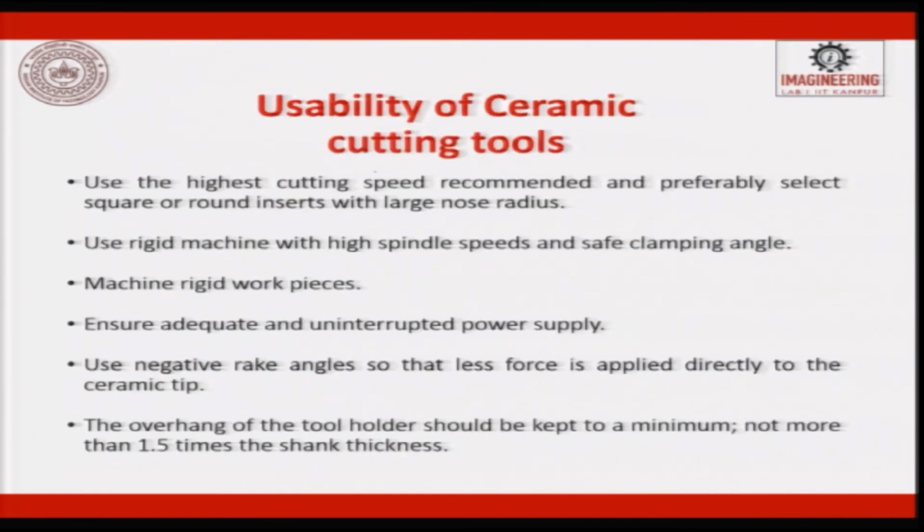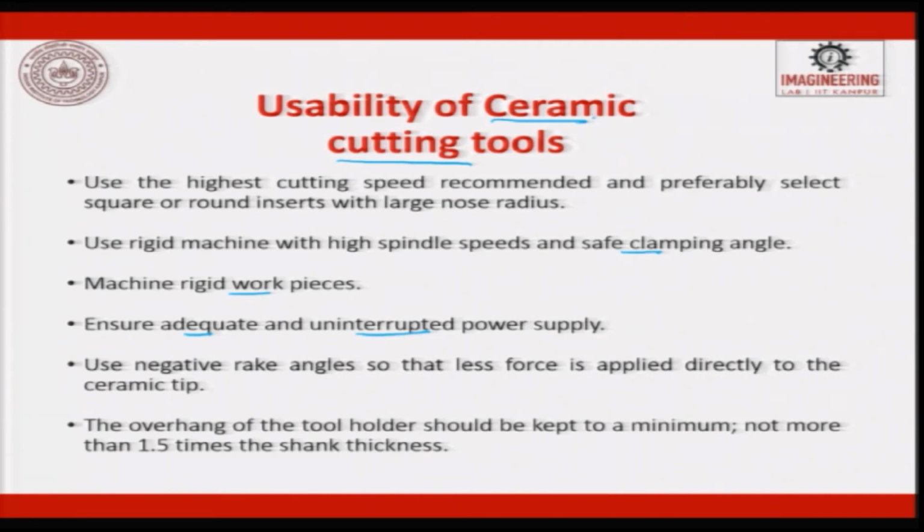So, on the usability of ceramic cutting tools: use the highest recommended cutting speed, and preferably select square or round inserts with large nose radius. Use rigid machines with high spindle speed and safe clamping angles. So, the machine holds the workpiece very rigidly, and ensures adequate and uninterrupted power supply, because ceramics cannot withstand impact.